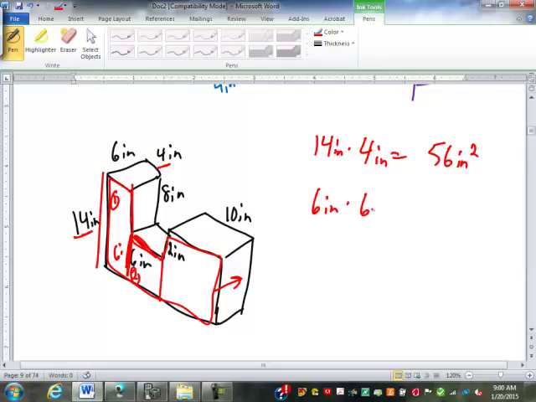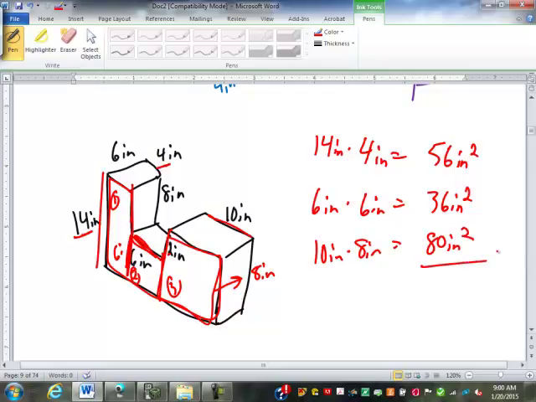So 6 by 6 would be 36 inches squared. Then we have this one, which is 10 by, well, 6 plus 2 would be 8 inches. So 10 by 8 is 80 inches squared, which is 172 inches squared. That is the area of the base.